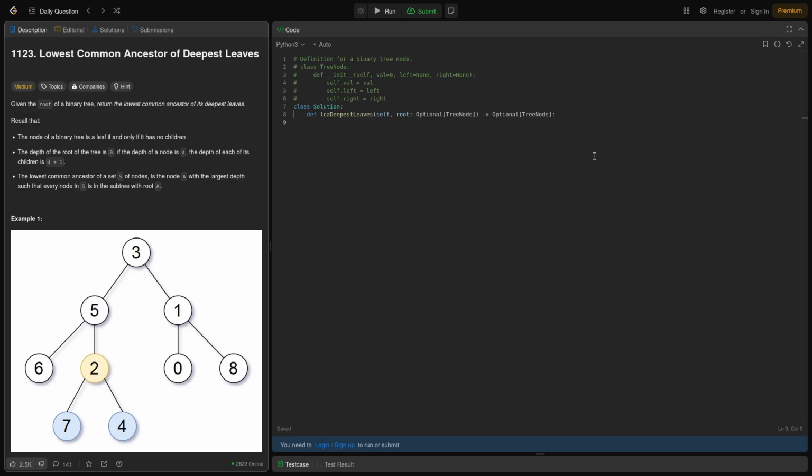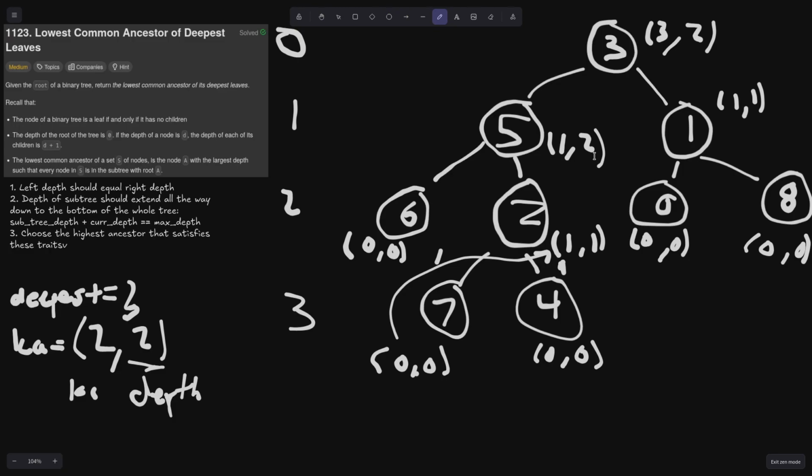Oh, and by the way, that solution that we had, it'll have a runtime of O of n, where n are all the nodes in the tree, but it's going to have a space complexity of O of D, where D is the depth of the tree.